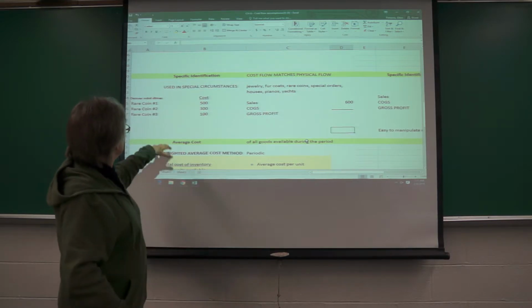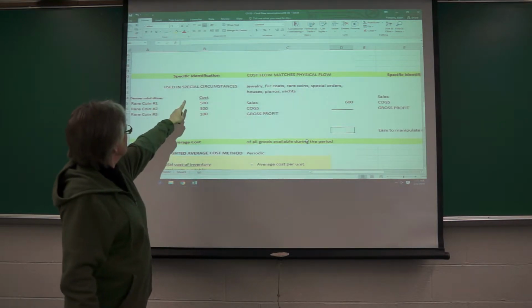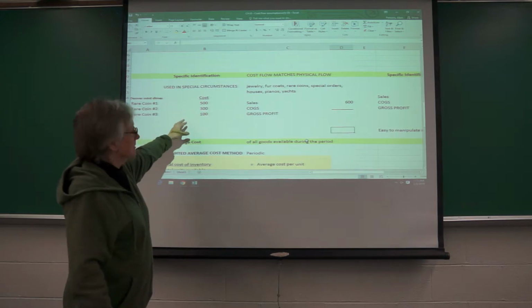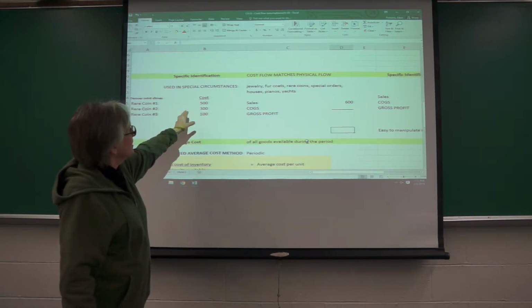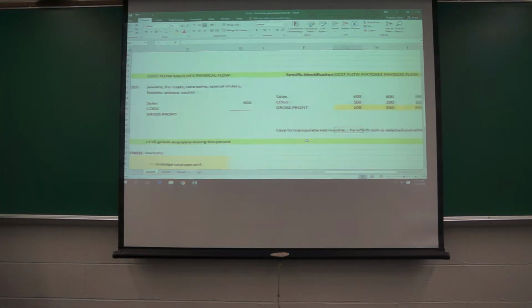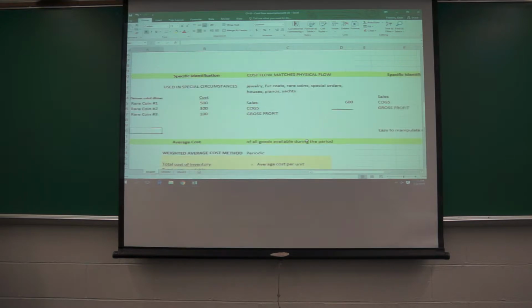The example here is, say you've got 3 rare coins that you bought at different points. They're all the same type of coin, at different costs. You can manipulate the gross profit, cost of goods sold, by which one you pick, but it can match the physical flow of goods. Anyway, specific identification.